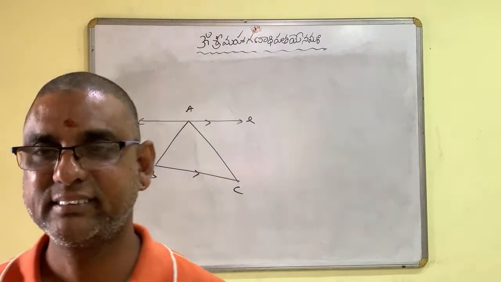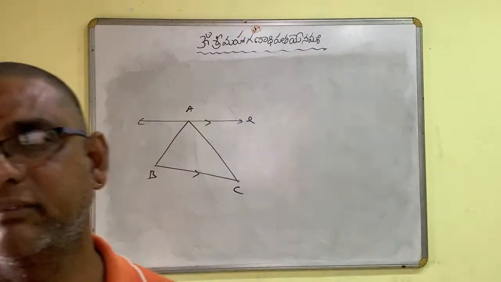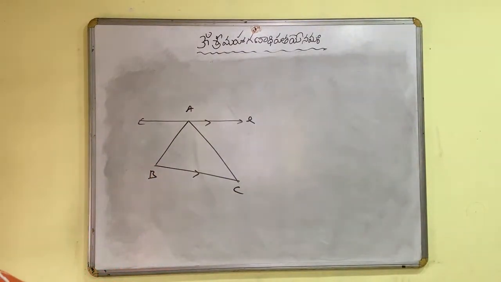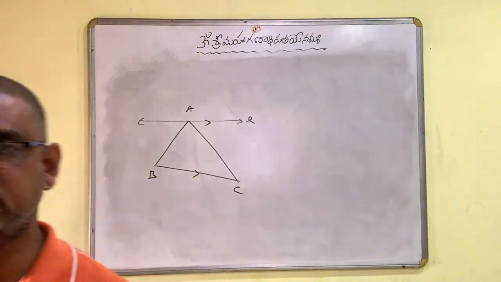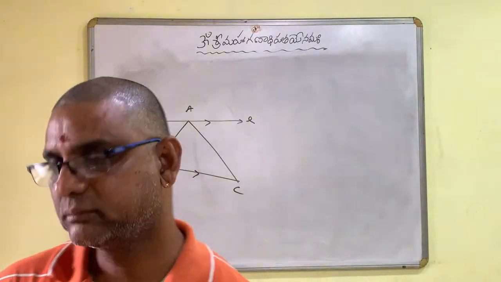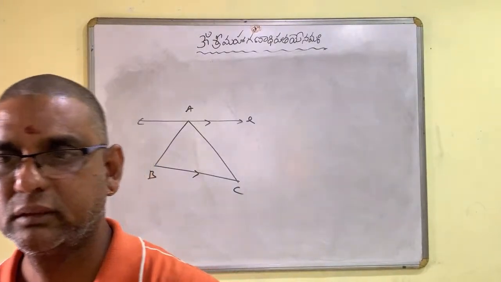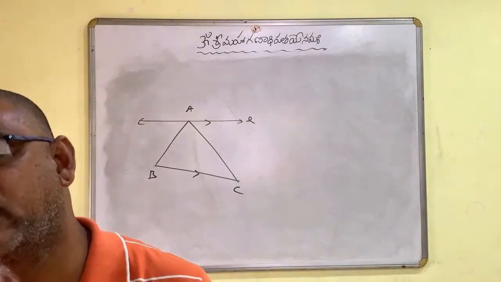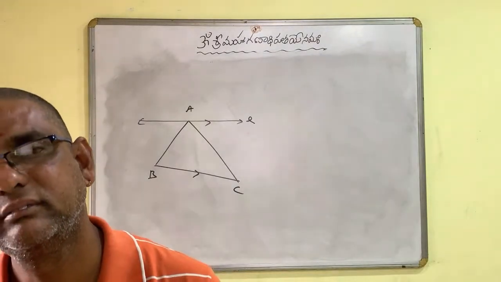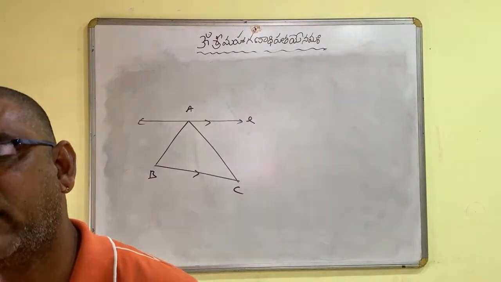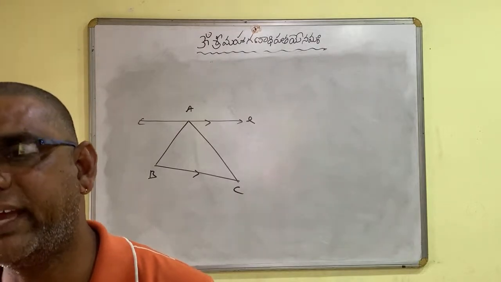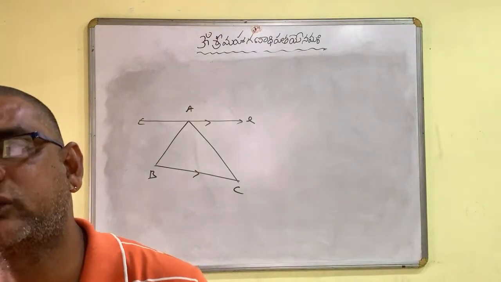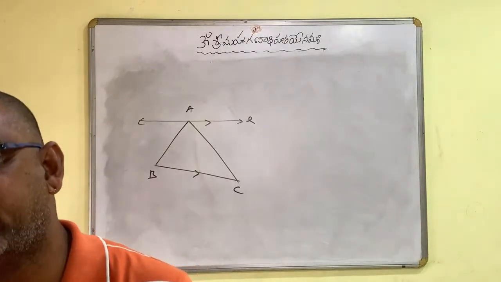Now you tell me, Lohitaksh, A is a point on side AB. Is that right? And A is a point on side AC also. That means A is the common point of both the sides AB and AC. So if a line is passing through A, it is intersecting both the sides.